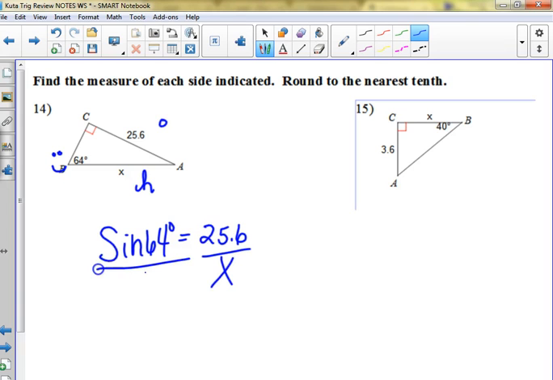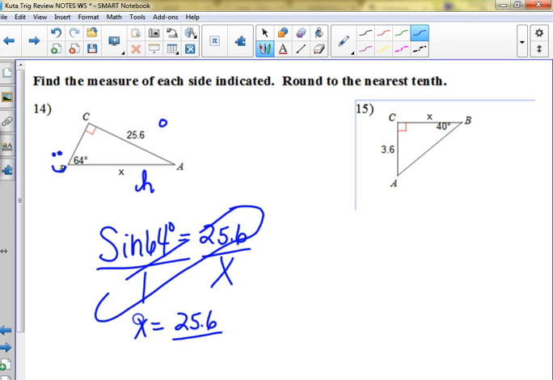Now, this is the one that some people still mess up even when they get to Precalc. How do you have to type this in? Yes, 25.6 divided by the sine of 64. Anybody get an answer for me? Everybody agreeing it's 28.5?